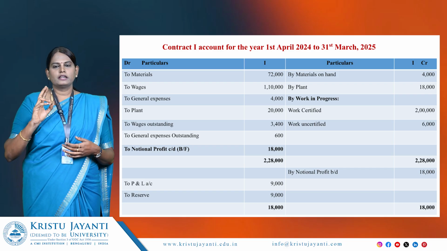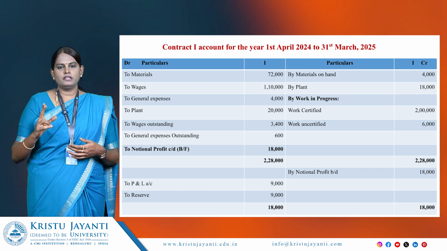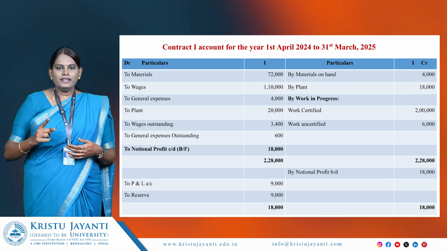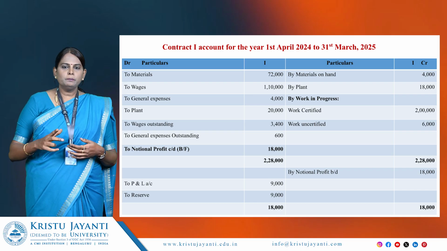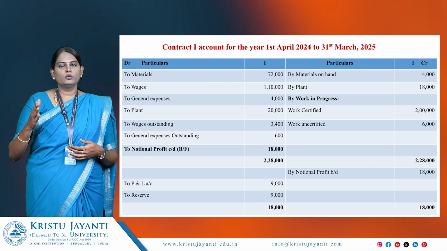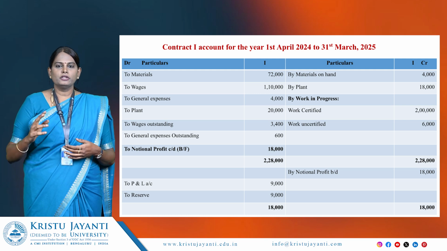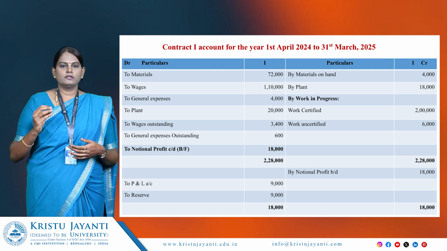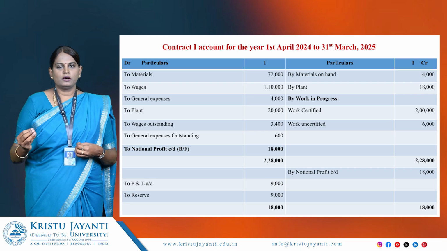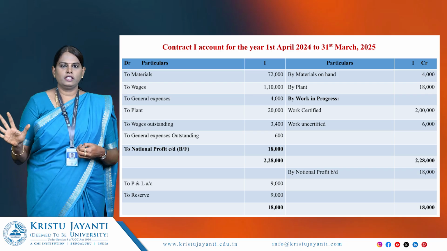Therefore, for the credit item plant depreciation, 20,000 is the value of the plant, 10% is your depreciation, and 12 months: 12 divided by 12, you get 2,000. So 20,000 minus 2,000, the plant value is 18,000.